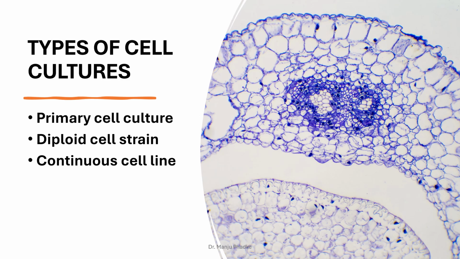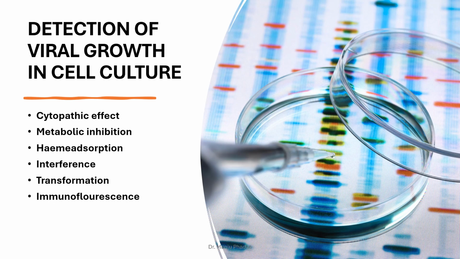Let us now look at how we can detect the growth of virus in the cell culture. Detection of virus growth in the cell culture can be done using the cytopathic effect. Many viruses can cause morphological changes in the cultured cells in which they grow.